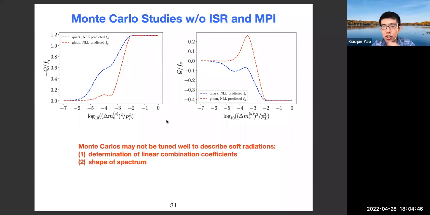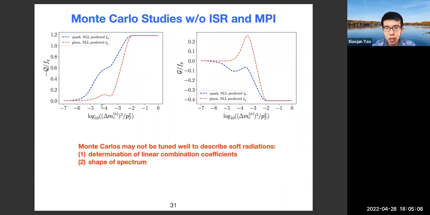And this is just showing some problems in PYTHIA. PYTHIA is not very well tuned to describe soft radiation physics, and that is why it struggles here. First, it will change the determination of the linear combination coefficients.